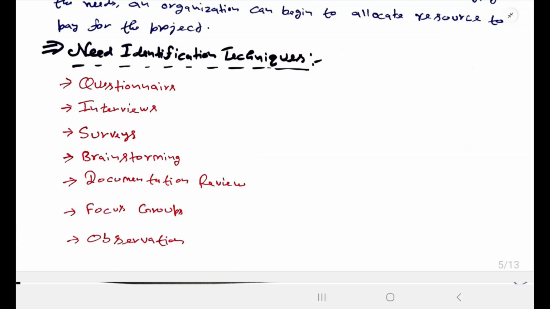The last one is observation. In observations we can arrange an observer.